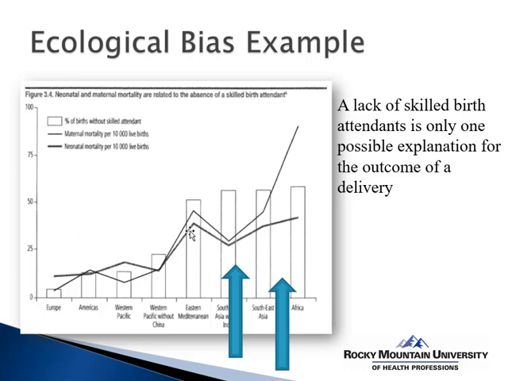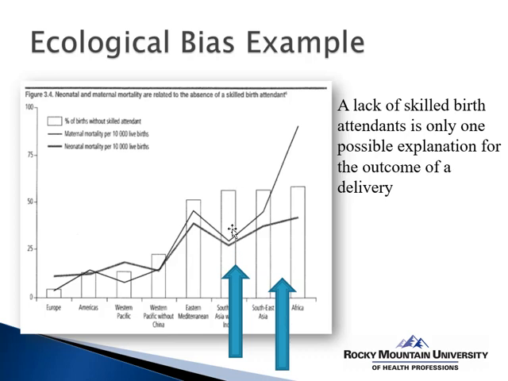And then we see Eastern Mediterranean region, South Asia, Southeast Asia, Africa. We see these locations have a greater percentage of births without skilled attendants. So you might suspect that that is a reason why there is a much greater maternal and neonatal death rate per 10,000 live births. But here's where the bias or the fallacy potentially comes in, and there's always potential other explanations that would require additional analysis.